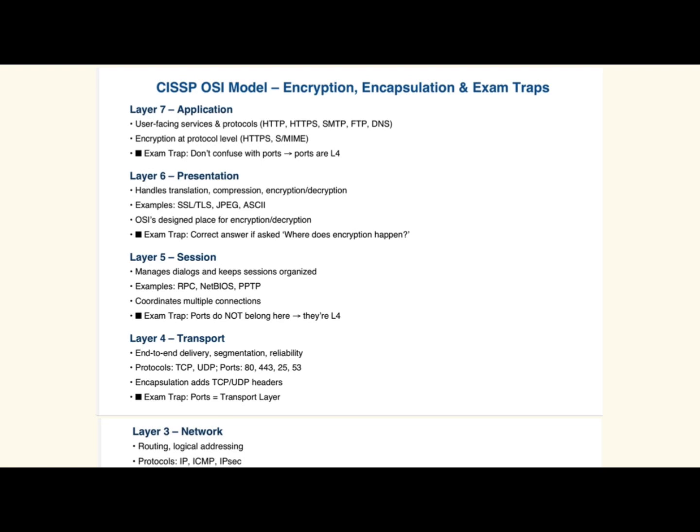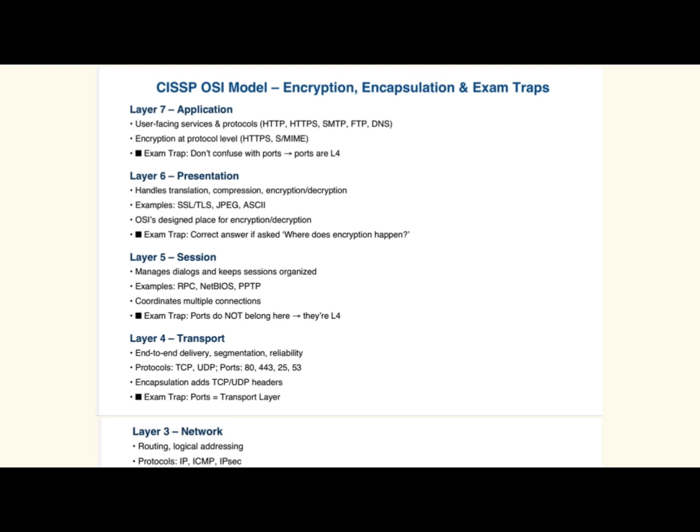So encryption at protocol level, right? So for instance, HTTPS is encrypted. But exam trap, don't confuse with ports. Ports are at layer 4. So we will discuss this in upcoming slides.